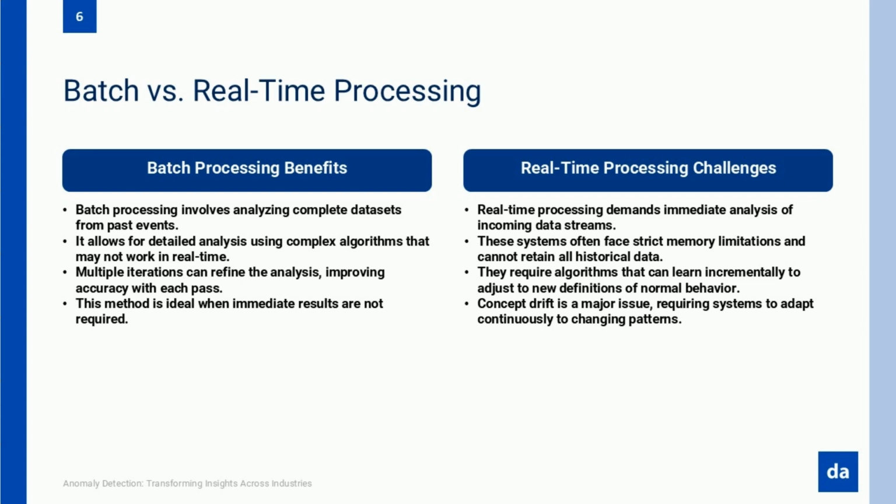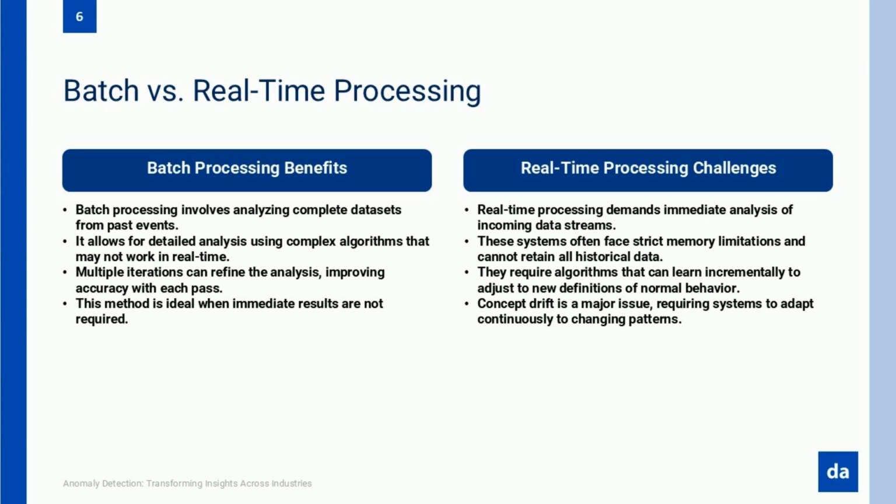With complete datasets at your disposal, you can run sophisticated algorithms that might be too computationally intensive for real-time applications. You can perform multiple passes over the data, refining your analysis with each iteration. You can even manually validate results before taking action. This deliberate approach typically yields fewer false positives, a critical advantage when you're investigating rare anomalies that might otherwise be lost in the noise.